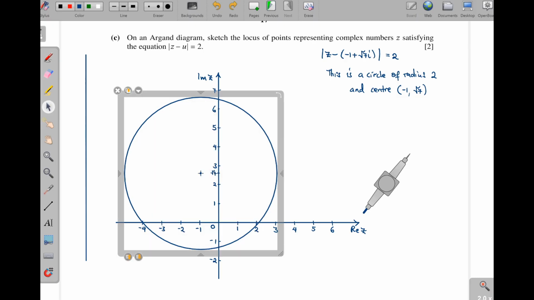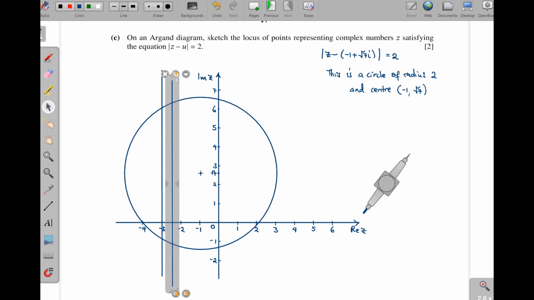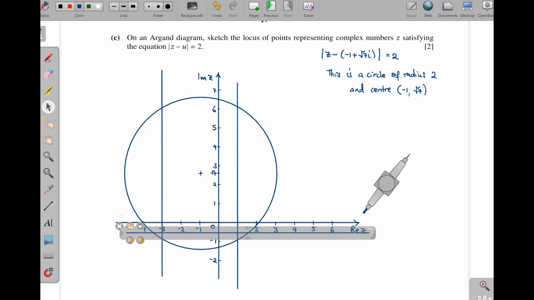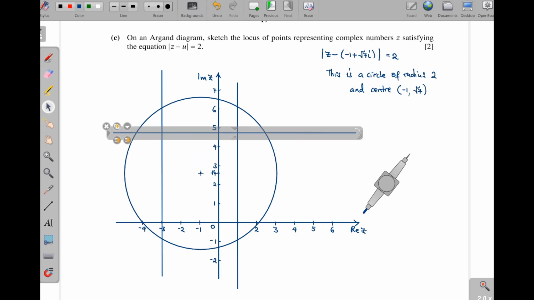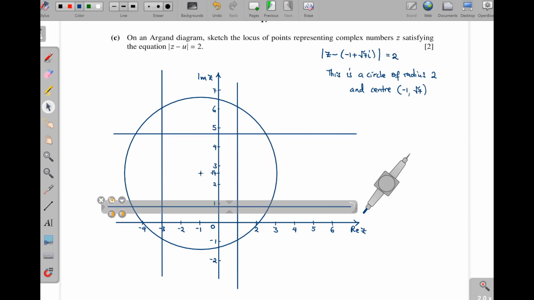So this tangent here, and also this one here, 2 units is there, and then another tangent is going to be around here, 4 point something, 4.6 something, okay? Then also this other one down here, 0.6 something.